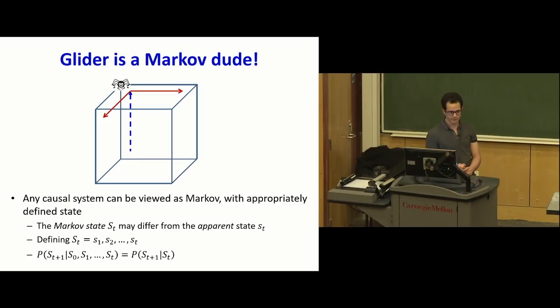So the apparent state, the one that seems to make sense when you look at this from your chair, is to have one state for each corner. Here, it's not a good choice, precisely like you said, because if that's your state, then Glider is not Markovian.